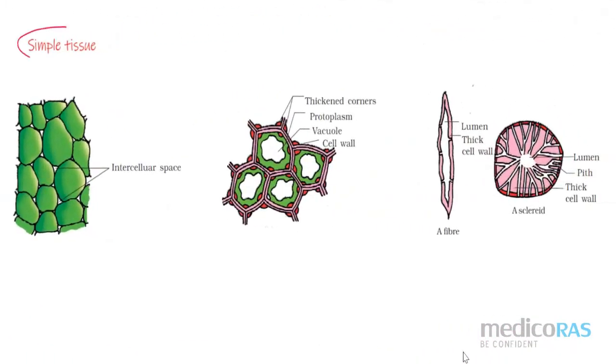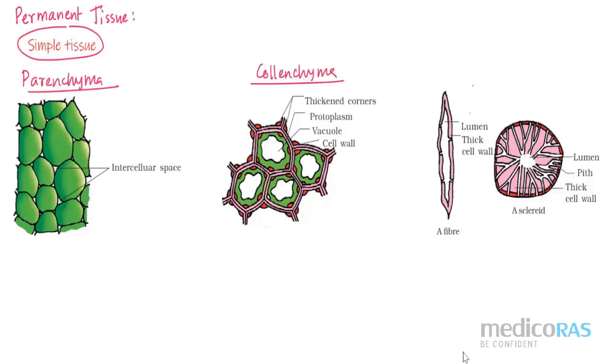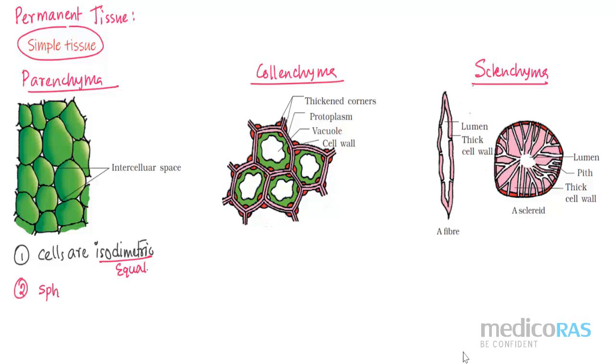Now let's see the simple tissue under the permanent tissue. As we already discussed, simple tissue can be divided into parenchyma, collenchyma and sclerenchyma. Now let's write some of the points for the parenchyma. The cells are isodiametric, which means all cells are equal in size. Number two, the shape of the cells is spherical.